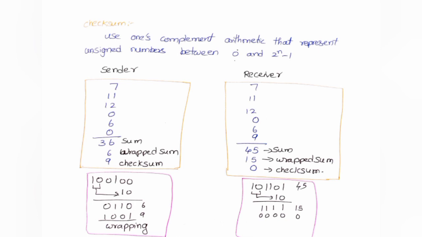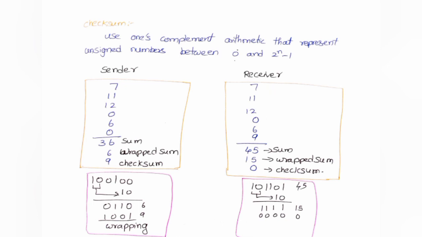At the receiver side, it will receive the original message along with the checksum. Now it will detect whether there is any error or not in the given message. It will perform the sum of the total data along with the checksum. The checksum is 9. So it will perform the sum of the original data with the checksum.